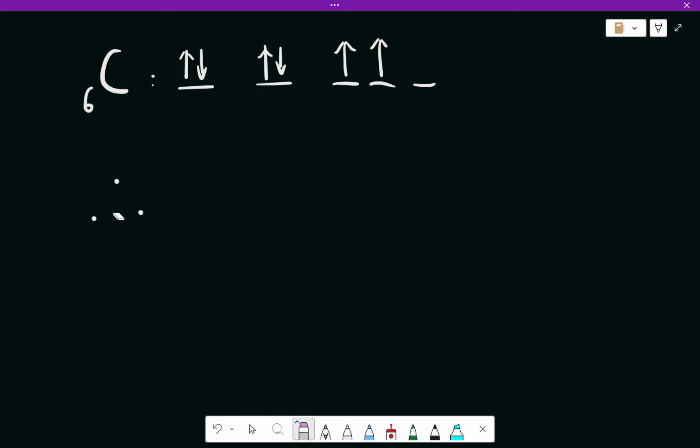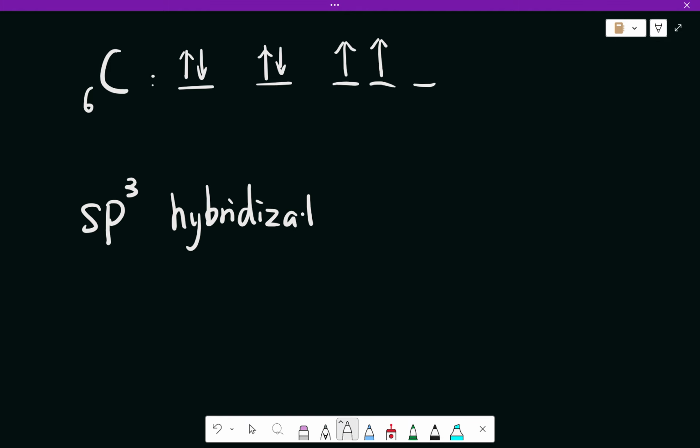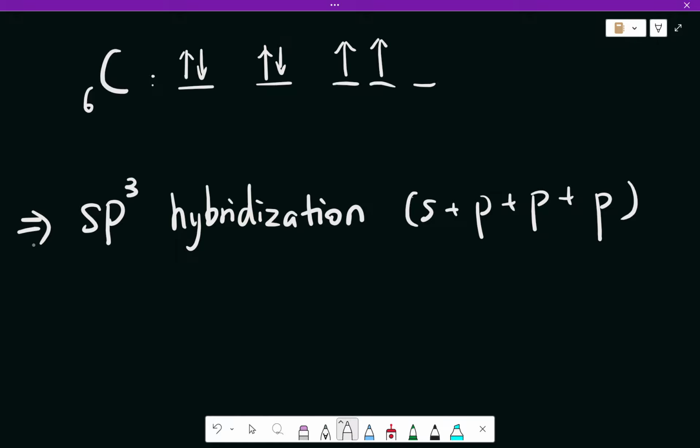So let's say we have an sp3 hybridization. This hybridization simply means that we are hybridizing or combining an s orbital and 3 p orbitals. And when we're talking about hybridization of orbitals, we're specifically referring to the valence shell of the atom.